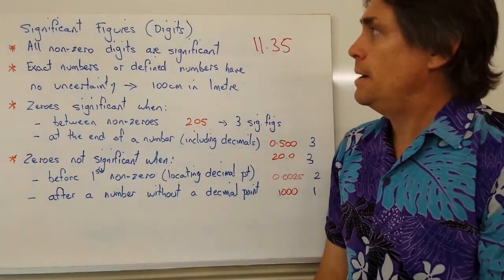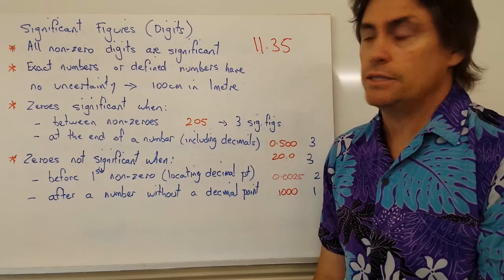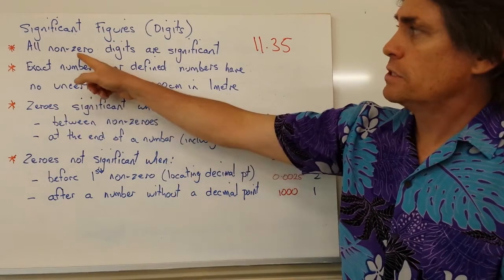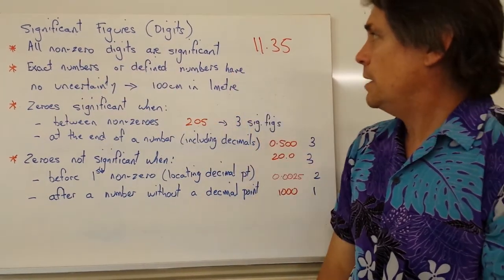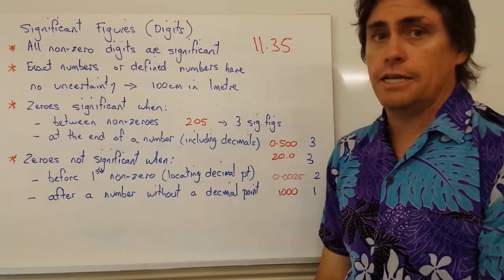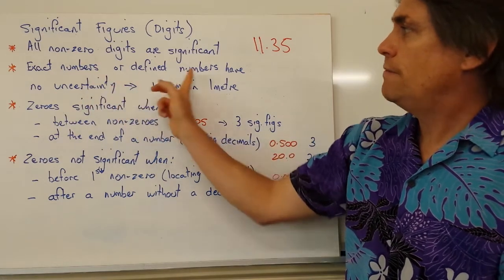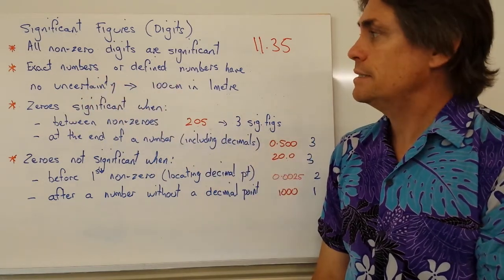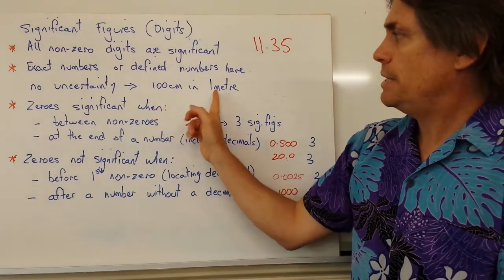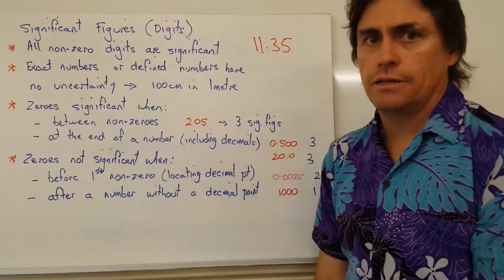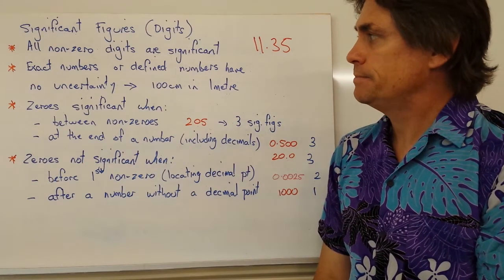Let's analyse that number for the number of significant figures we can represent this with. Our first rule says that non-zero digits are significant. So if we've got this particular number, all of those digits are significant for us because they're non-zeros. Exact numbers or defining numbers are always significant as well, and they have no uncertainty. So we have 100 centimetres in a metre, so that 100 will always have 3 significant figures.